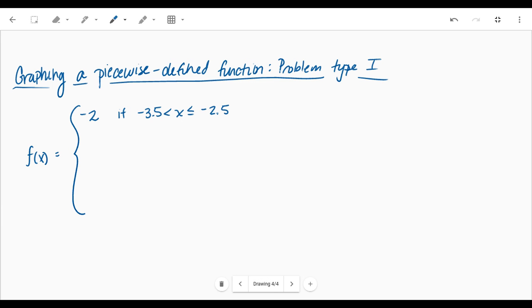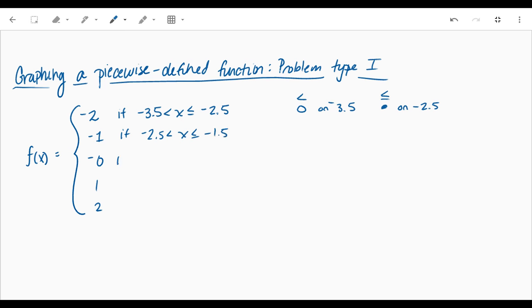That's going to tell us that we would have an open circle on -3.5 and a closed circle on -2.5, because it's less than versus less than or equal to. Then -1, 0, 1, and 2. And this is going to be if we're between -2.5 and -1.5. This is what's called a step function, actually, and you'll see why in a second.